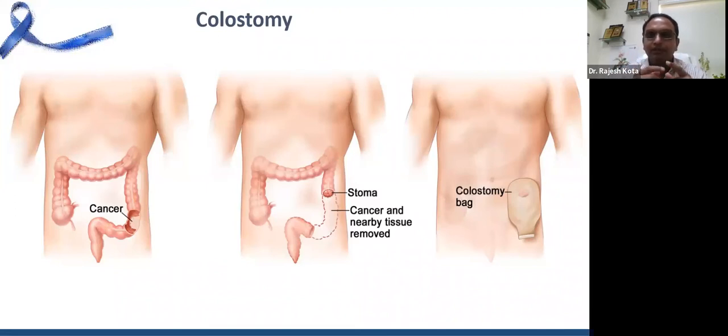In those cases, we put a stoma, that is, we create a newer outlet across the abdominal wall. Patients sometimes carry these stoma and colostomy bags, so that we call colostomy. Creating an artificial outlet on the abdominal wall is called colostomy. So the need for colostomy depends on the patient's stage of the cancer and the anatomical location of the cancer.